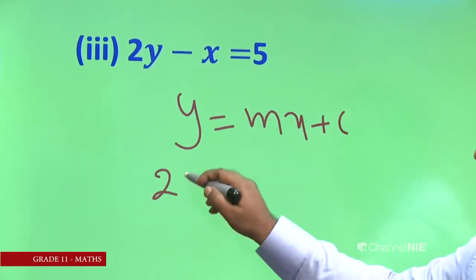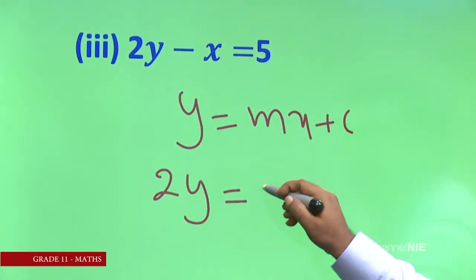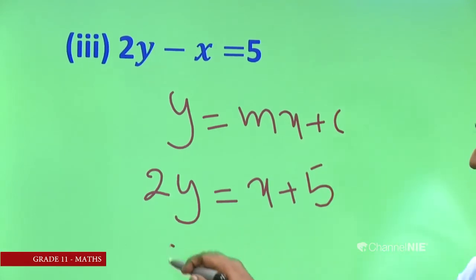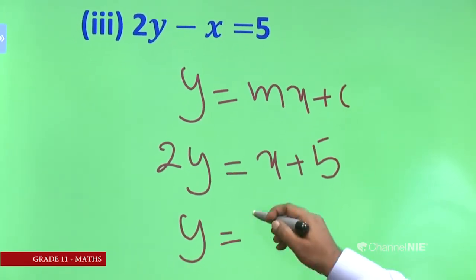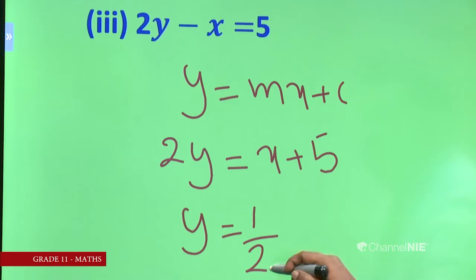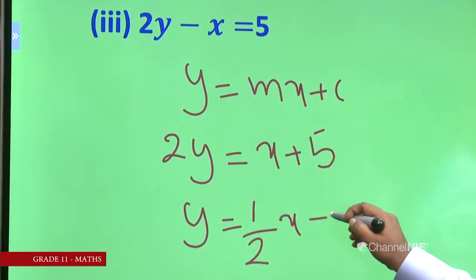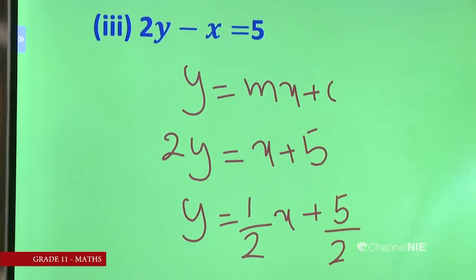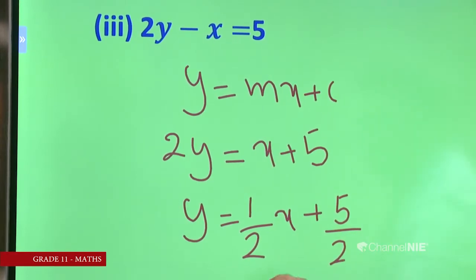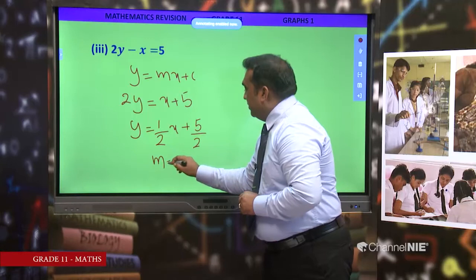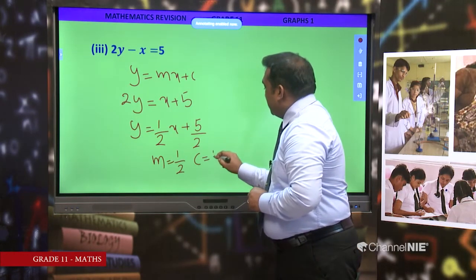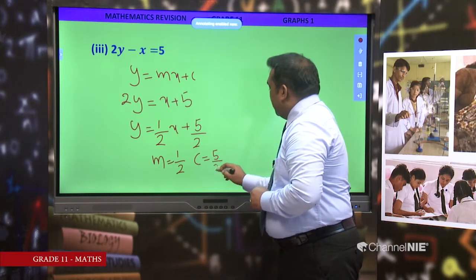Therefore, 2y equals x plus 5, divide by 2, then you have y equals half x plus 5 over 2. Now the gradient is half. The intercept is 5 over 2.